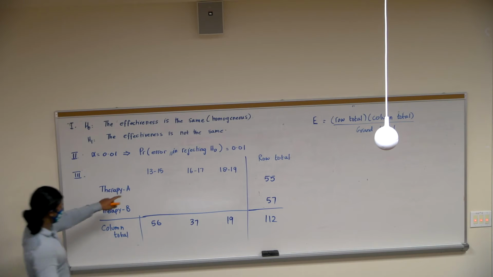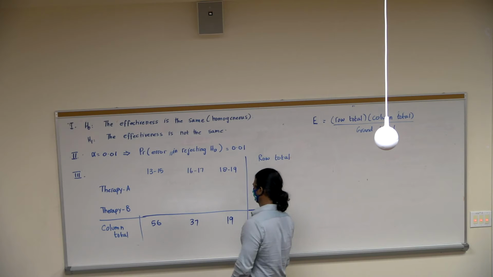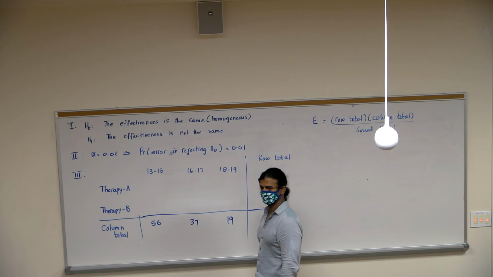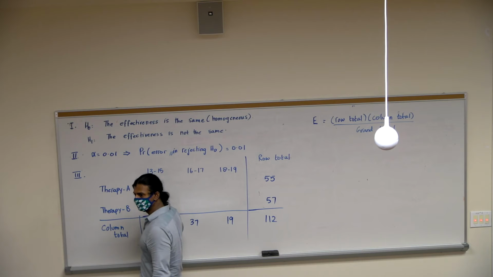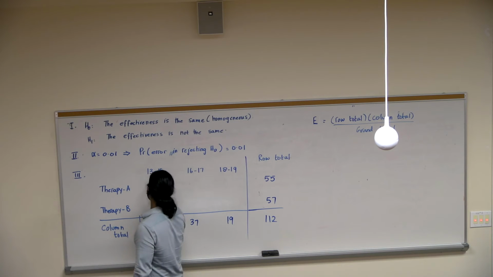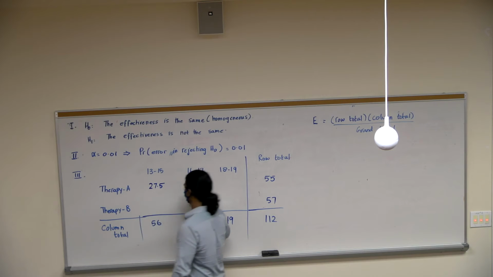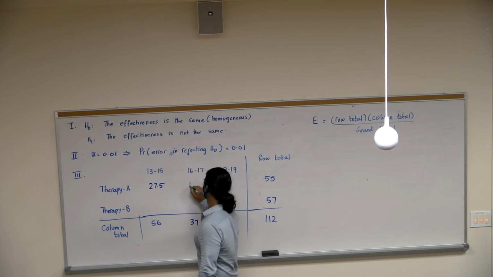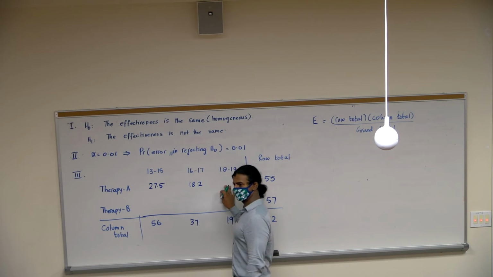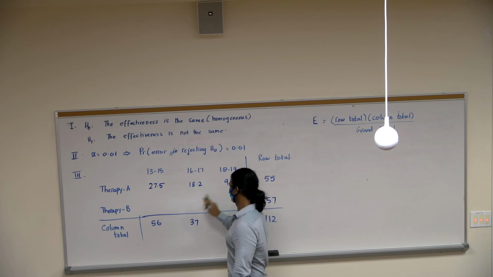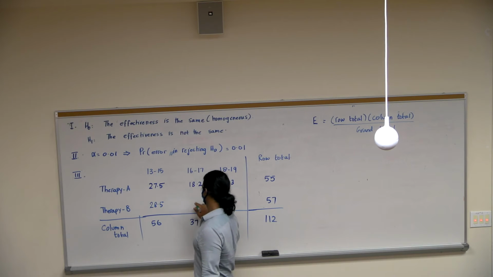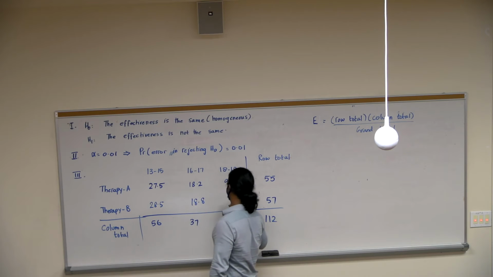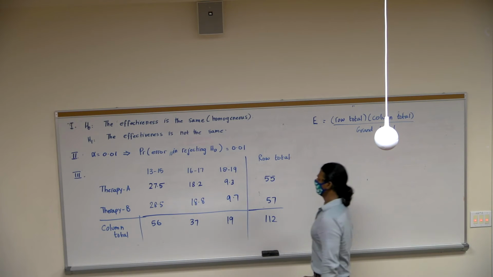What do we have for the first one? 10.5. 27. Okay. 18.2. 9.3. 28.5. 18.8. 9.7. Okay.